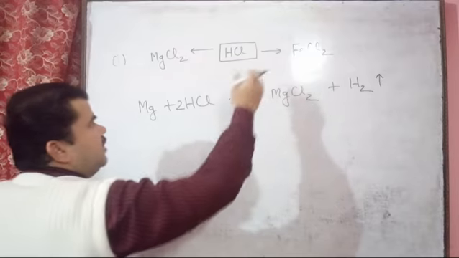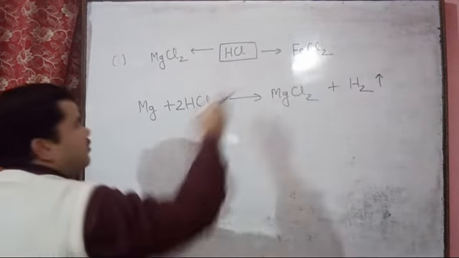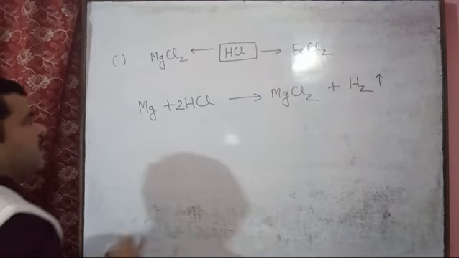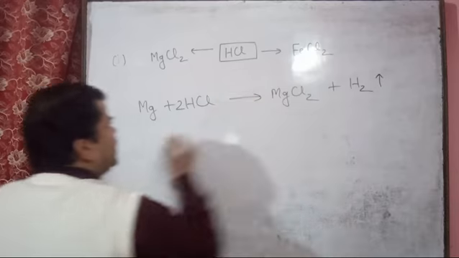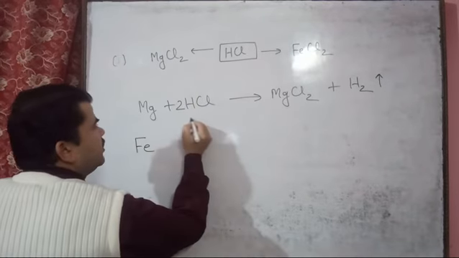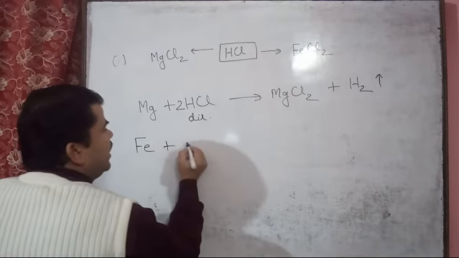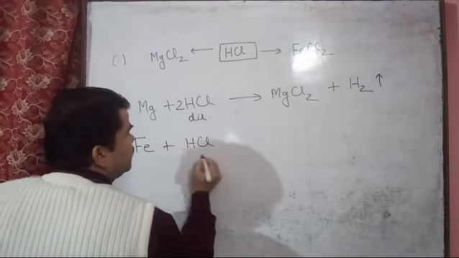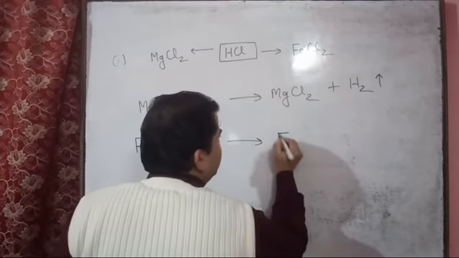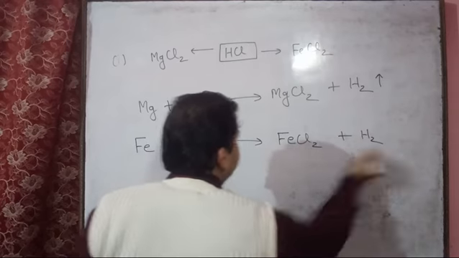And the second product we are getting here FeCl2, ferrous chloride, and you can get this product if the iron, here the dilute iron reacts with the HCl, then we get the FeCl2 plus hydrogen.